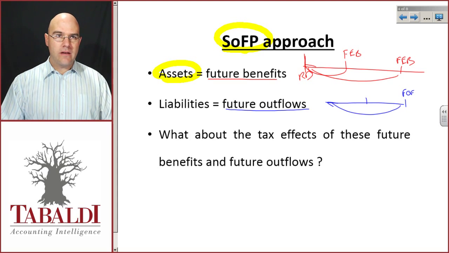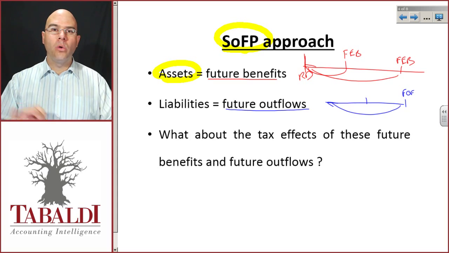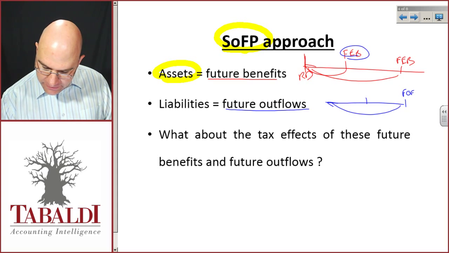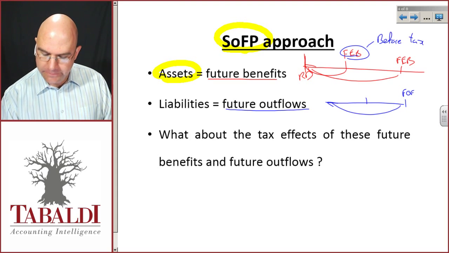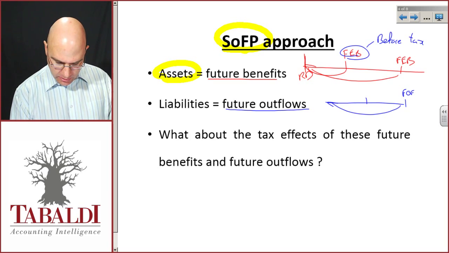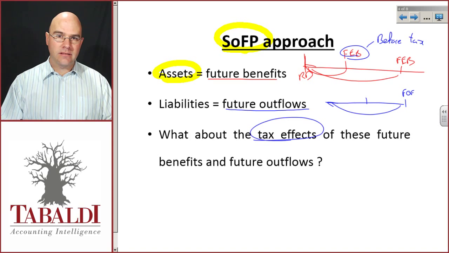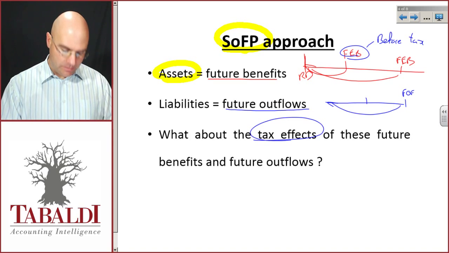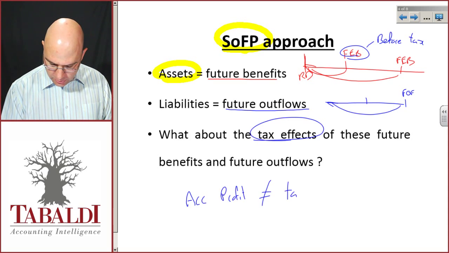Okay. But now we have an item of PPE, which has future economic benefits, all before tax. Okay, so these future benefits are all recorded before tax. What do you need to do about the tax effect? Okay, so we're going to discuss that, and in essence, the issue comes up where your accounting profit does not always equal your tax profit.